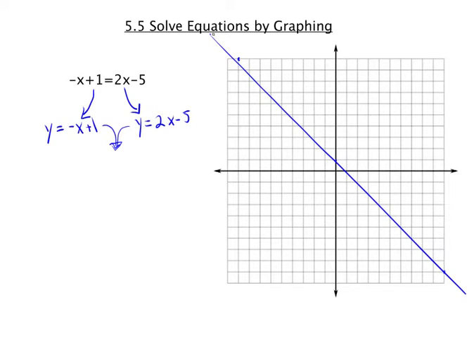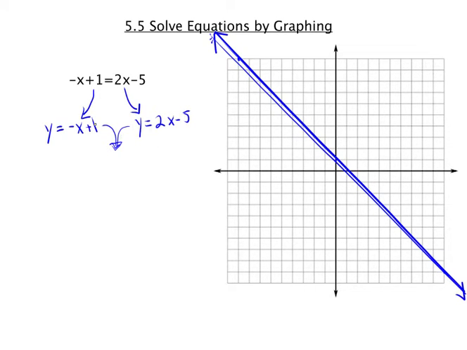Oh, I missed that one. All right, so I'm going to make a slight adjustment here. There we go. That's better. Make it a more solid one. And then we will put arrows on that one.